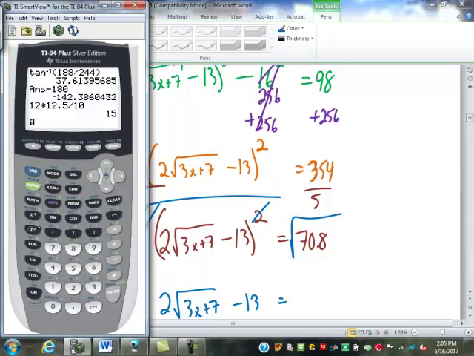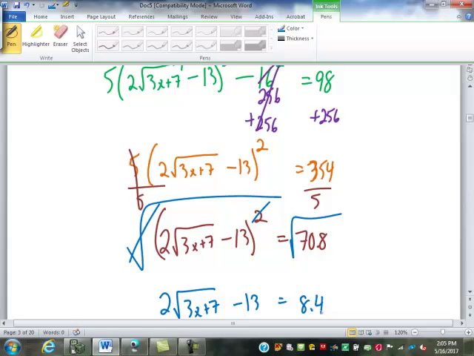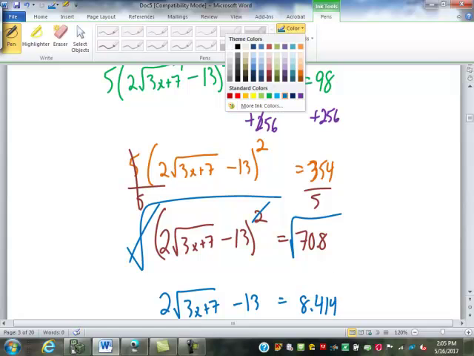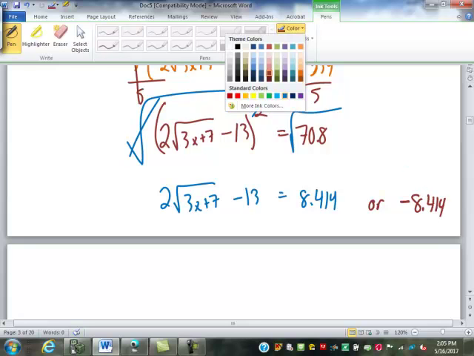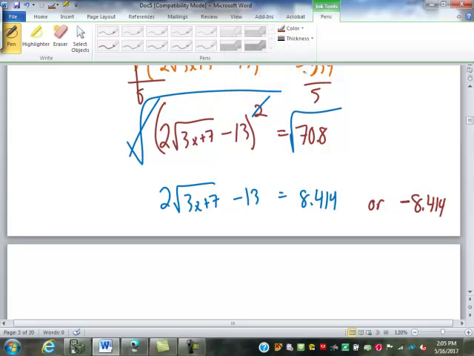Square root first, 70.8. I get 8.414, we'll call it. Now, technically, if you wanted full credit, it's 8.414 or a negative 8.414. A square root always has 2 answers, one positive, one negative.